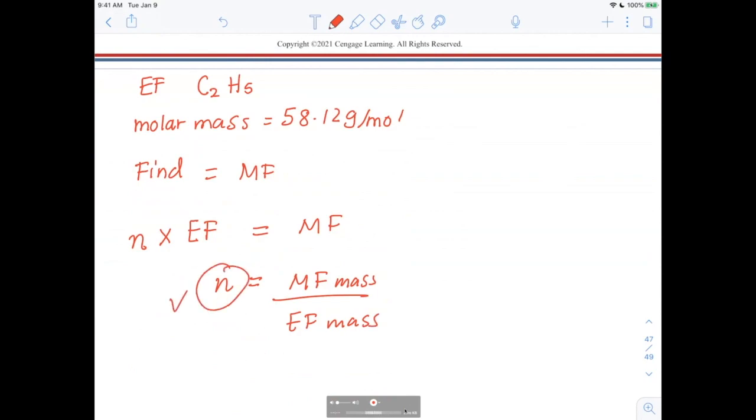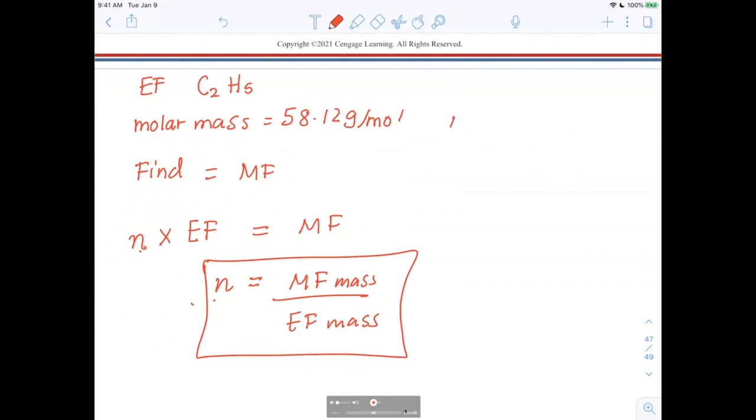And once we know what N is, we can multiply the empirical formula by N to get back our original molecular formula. Okay, so how do I do this? There's really no mystery here. Molar mass is the same thing as molecular formula mass, just different ways of describing the same thing.